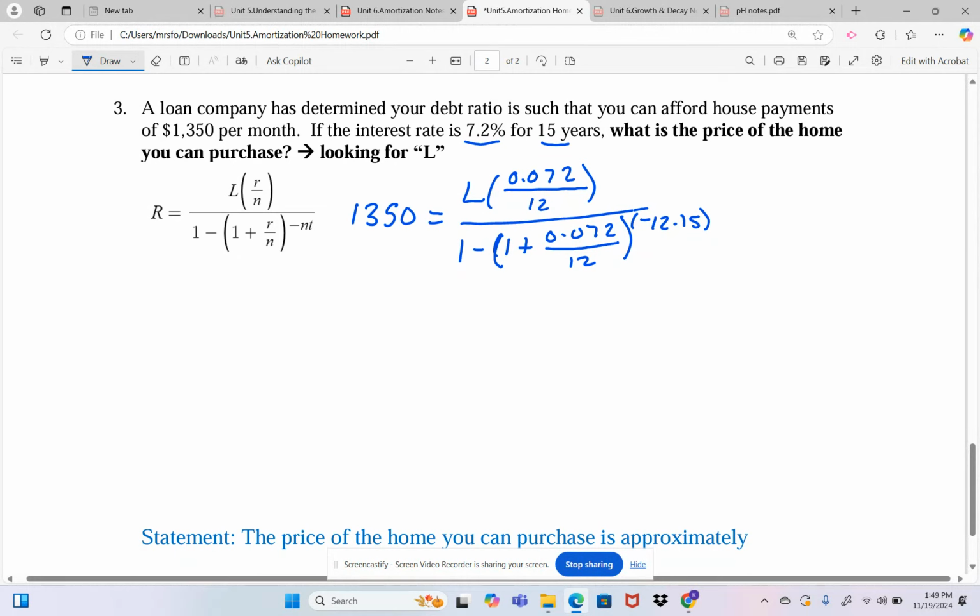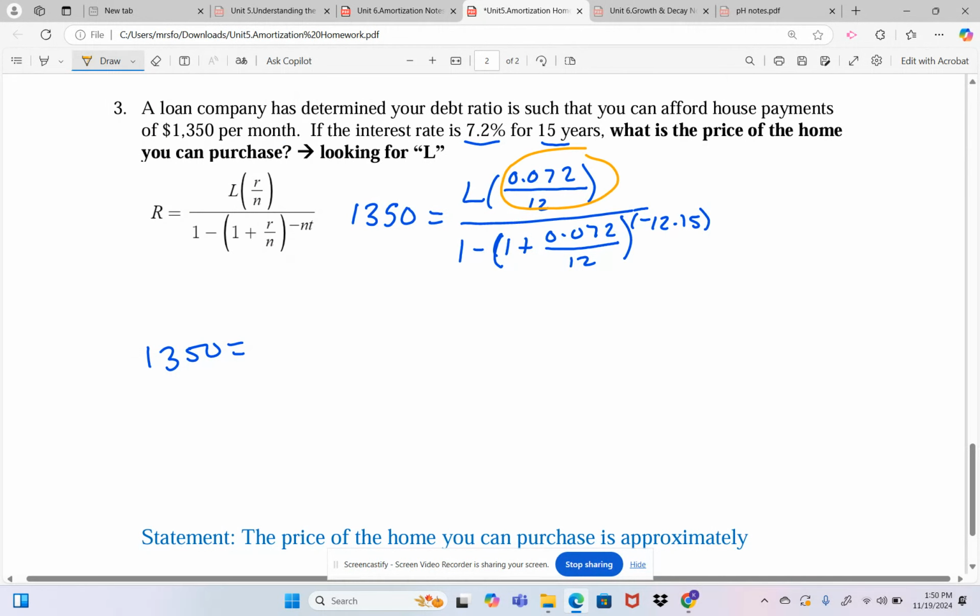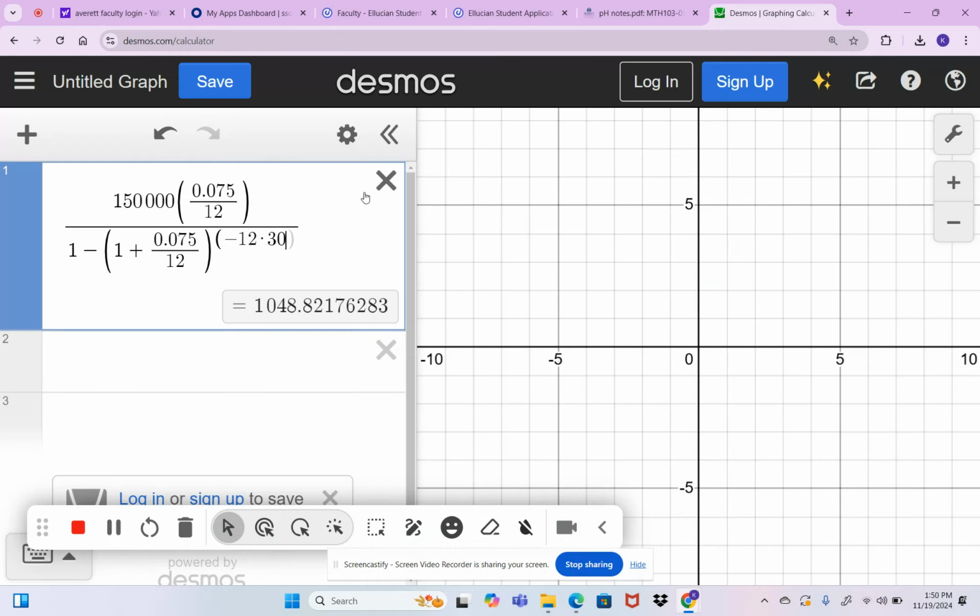So we want to find what this is. So in a calculator, 0.072 divided by 12, 0.006 L divided by, now I want to do this denominator. And again, if you try to do this in your phone calculator, more power to you, but I would not.